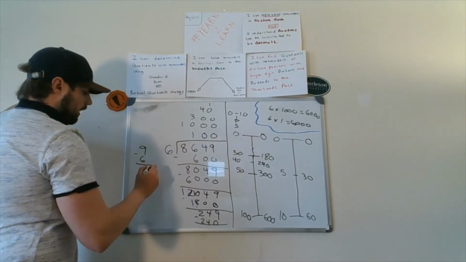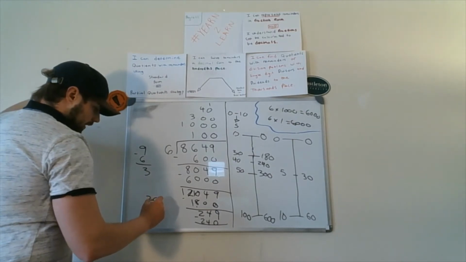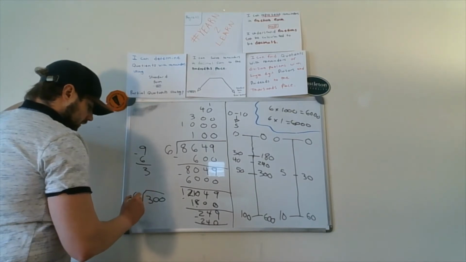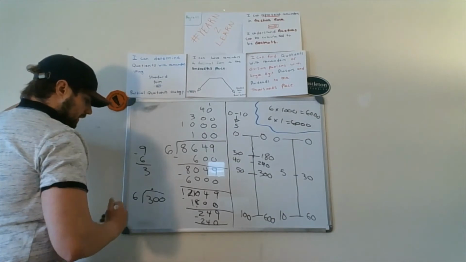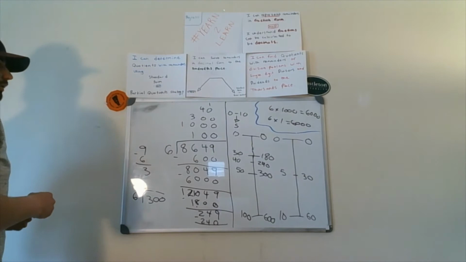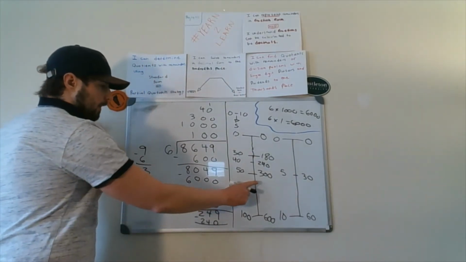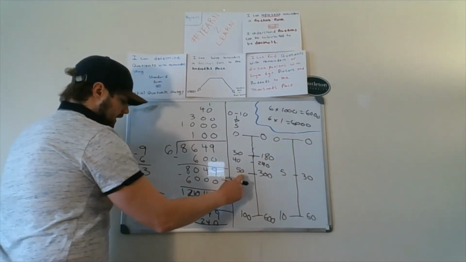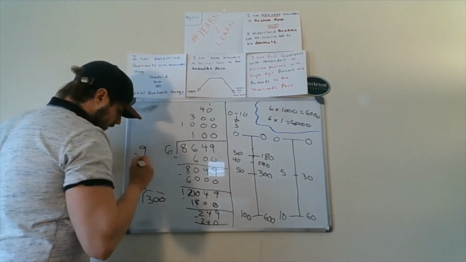We're going to put our decimal in there. We're going to make a separate partial quotient. We're dividing 6 into 300. Going to put that decimal down so we do not forget. Okay, so look at this, guys. I already had on my tape measure that 6 times 50 would give me 300. That's exactly what we're looking at here.